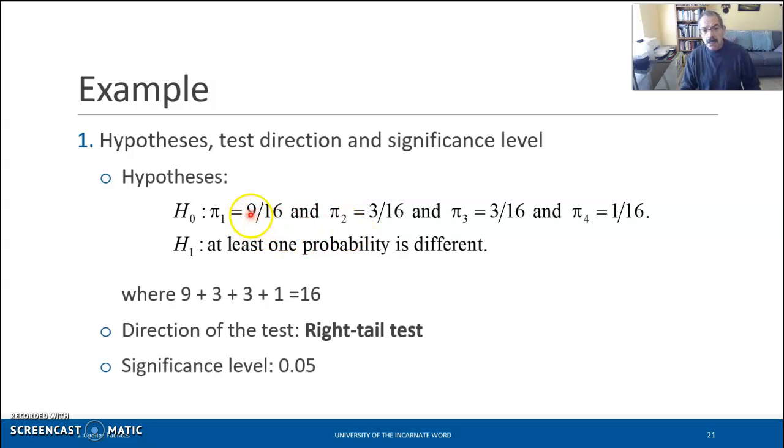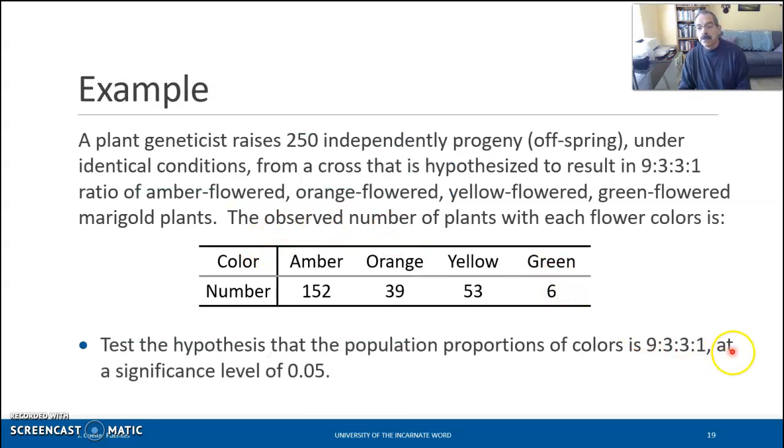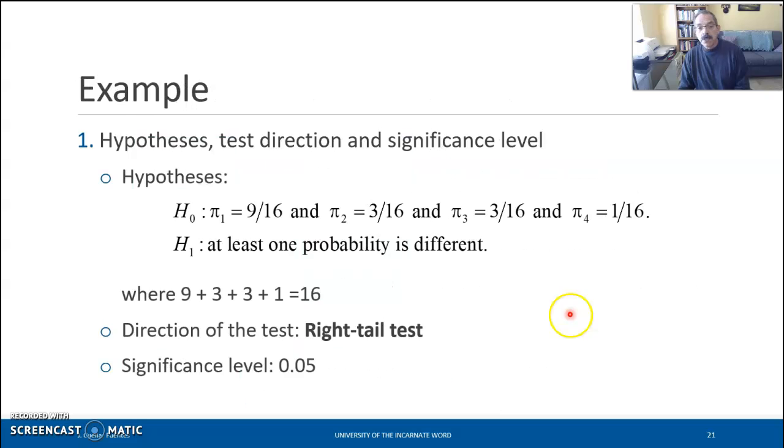And remember, in the problem we have the 9 to 3 to 3 to 1, and we change it into a probability by summing these numbers to 16, and then we divide each of them by 16, so that these probabilities add to 1.